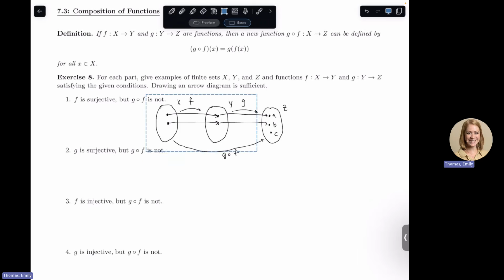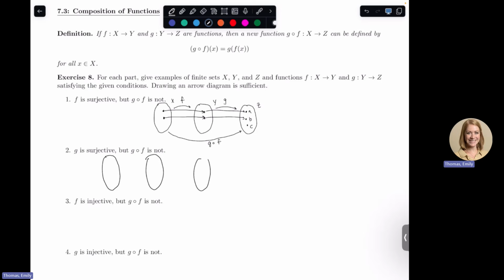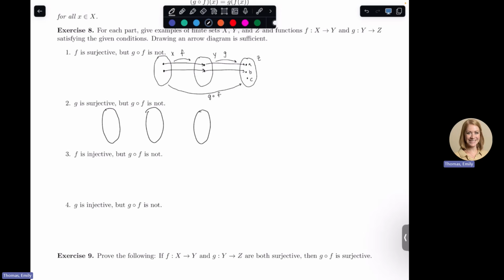I'm going to have to make that be smaller. Why are my bubbles so big? They're taking up the whole space. Whatever. This is f again, and g. This bigger thing is g of f.